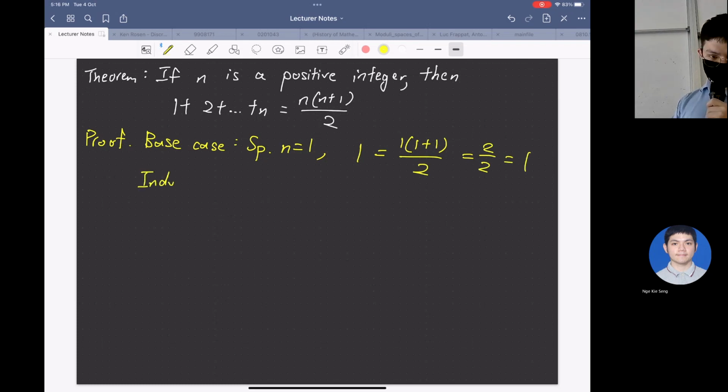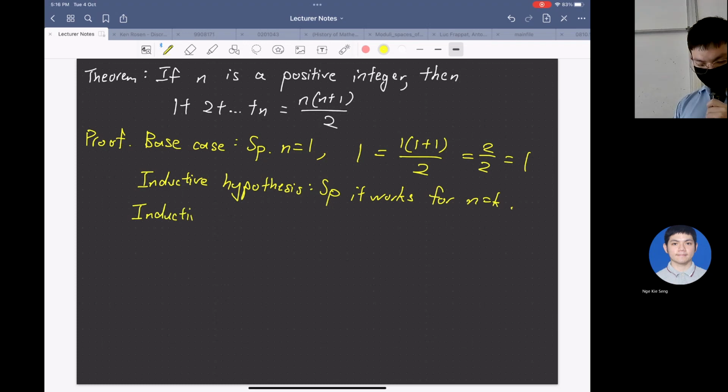So we want to assume it for n equals to k. Suppose it works for n equals to k. And then the inductive step is to prove for k plus 1.